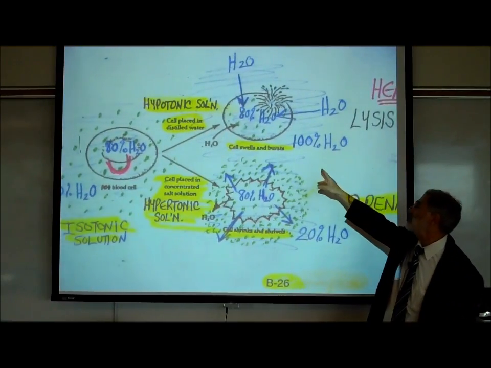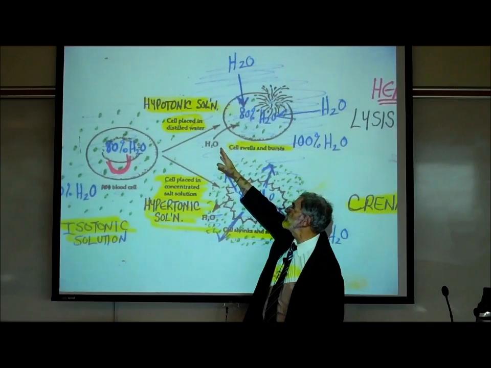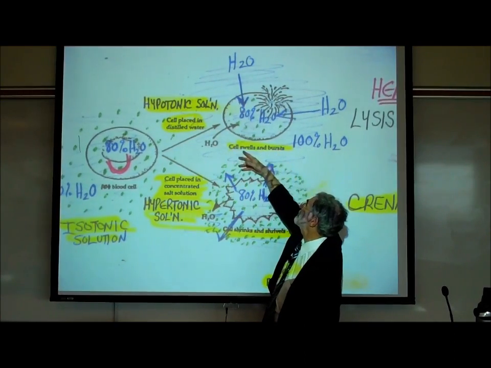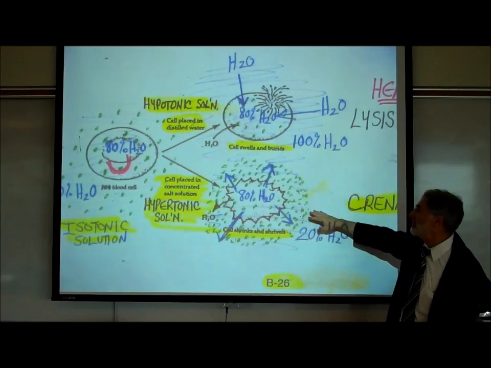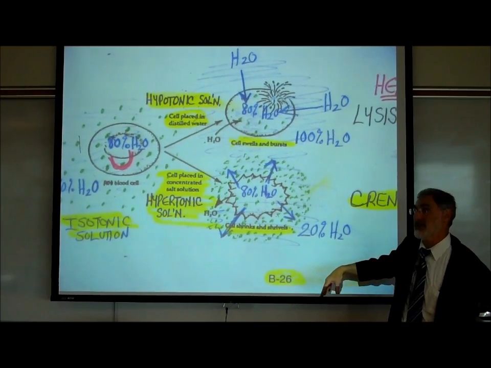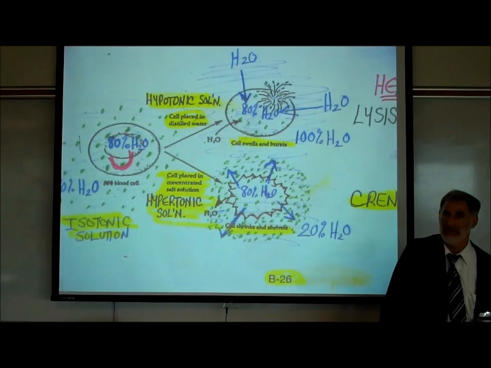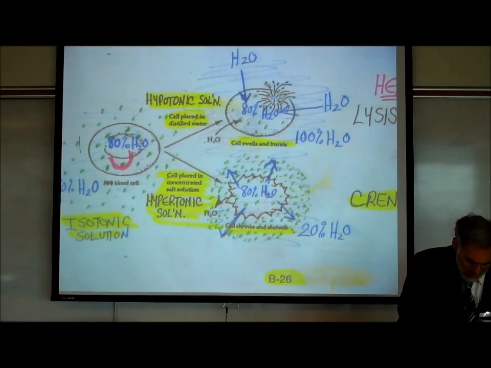If you're giving a hypotonic solution, the water is going to flow into the cells and burst them. Or if you're giving a hypertonic solution, the water is going to come out of the cells of your body and they're going to collapse. We're going to learn more about that. It's a very important subject.